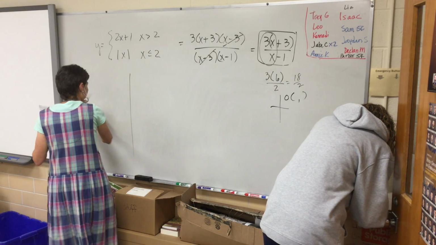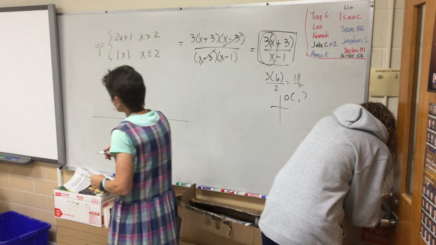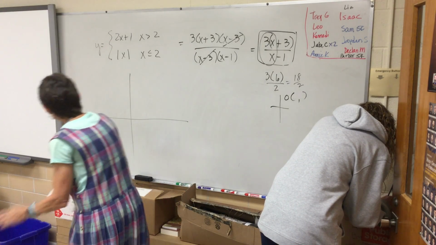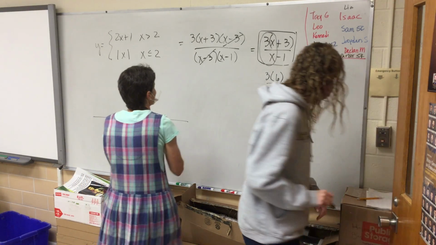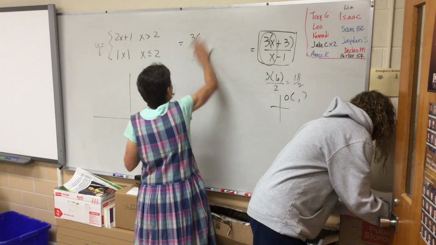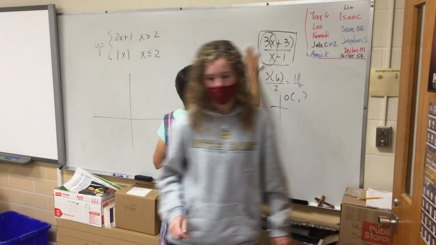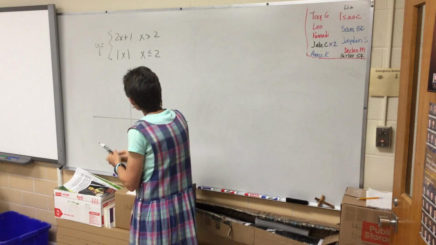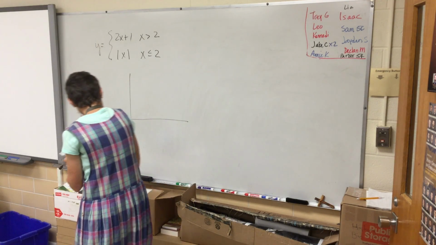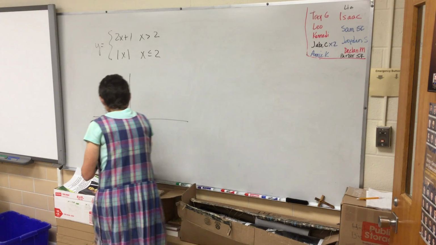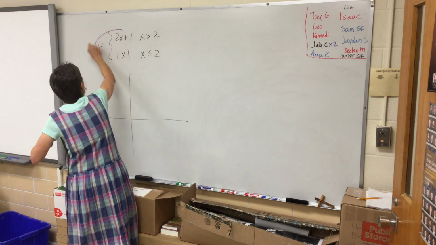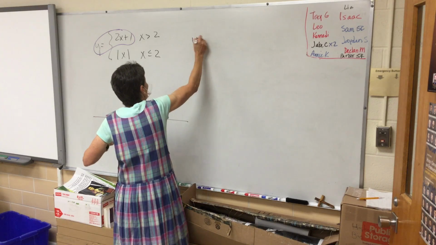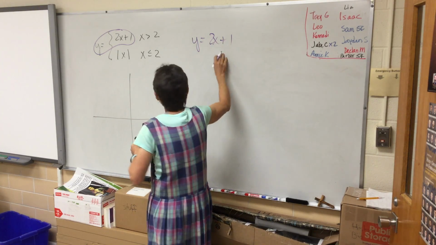All right, so remember how we do this. We do one piece at a time. These are a little bit complicated. So I'm going to start by graphing this right here. So y equals 2x plus 1. What shape is that?